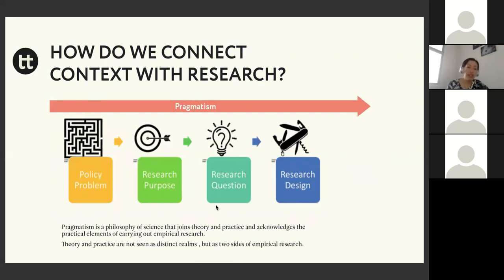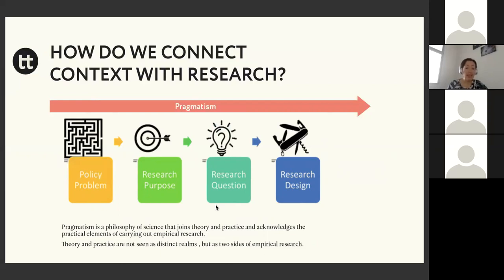So the question here is, then, how do you connect the policy problem all the way to a research design? How do you keep these steps all connected to one another? And what we suggest is having this pragmatic perspective.